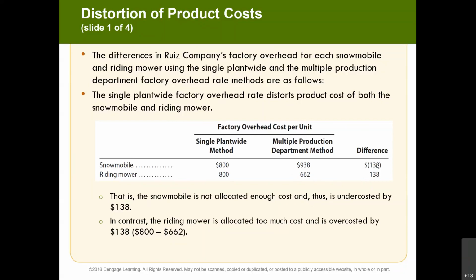But if the company was only producing one type of product, then there probably would have been a problem. There would have been a problem for either, really. So essentially what this says is it's more granular if you use the department method rather than the single plant method. We'll talk about that a little bit further.